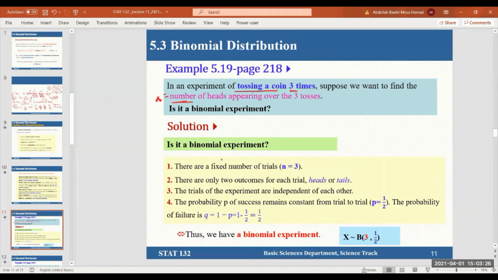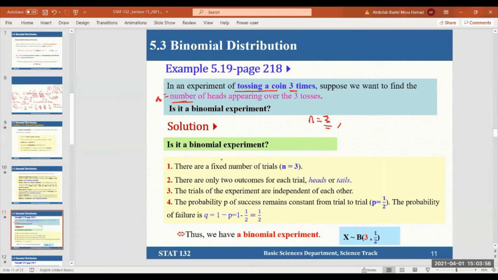Are the 4 conditions satisfied? First condition: do we know n in advance? Yes, n equals 3, right? Second, is the action of getting heads dependent or independent?